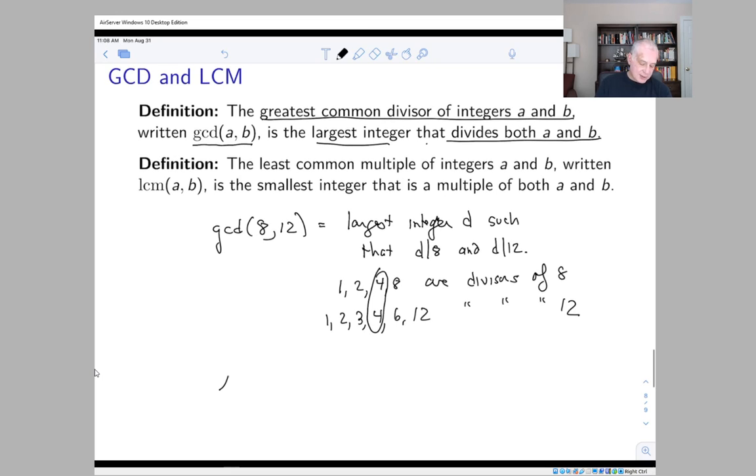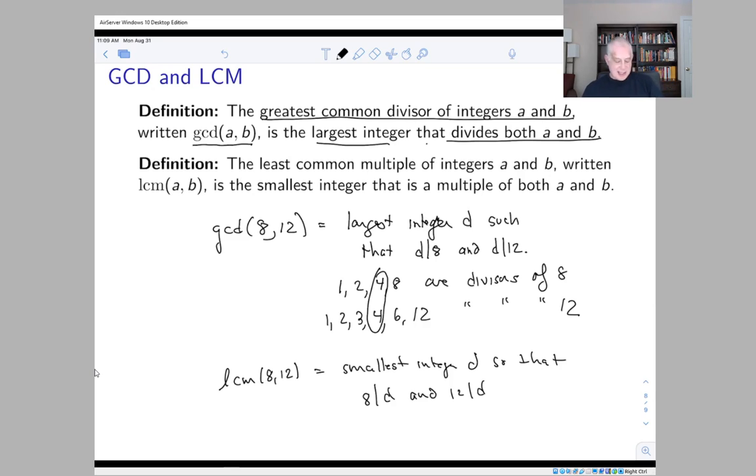And the least common multiple of two numbers, 8 and 12, is the smallest integer d so that 8 divides d and 12 divides d. In other words, d is a multiple of both 8 and 12. It's a little trickier to do this because we can't list all of the multiples of 8. That's an infinite set. But we can write the first few.